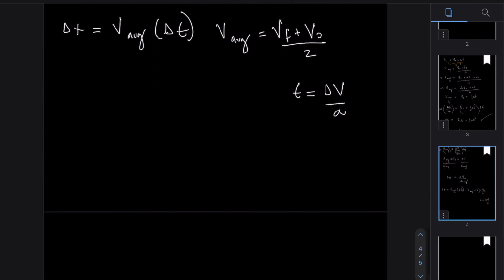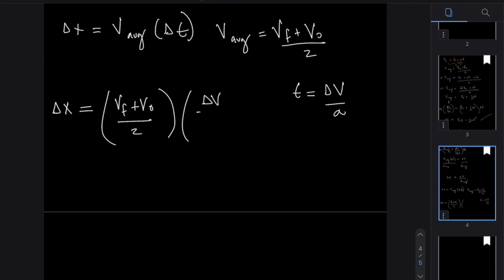Keeping all these in mind, we can take this quantity, right, and substitute this in for this. And we can substitute this in for this and see what we get. That would eliminate time, which is what our goal is here. So we have displacement is equal to v final plus v initial over 2 times delta v over a.